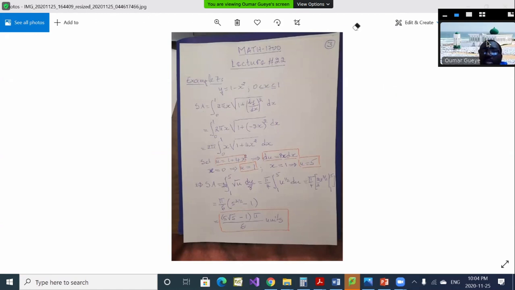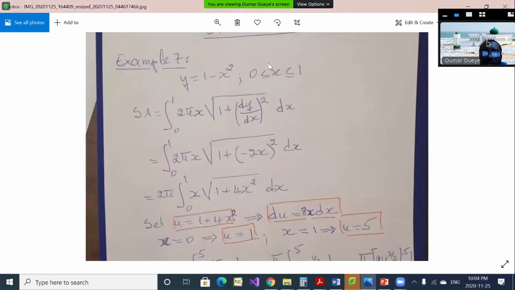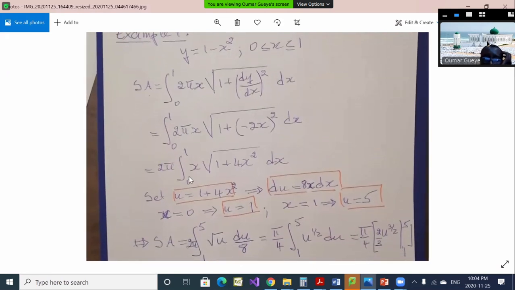So we zoom out. It's okay. Now I set here u equal to 1 plus 4x squared, and du is going to be the derivative of 4x squared, which is 8x times dx. And from here you can see x times dx is equal to du over 8.